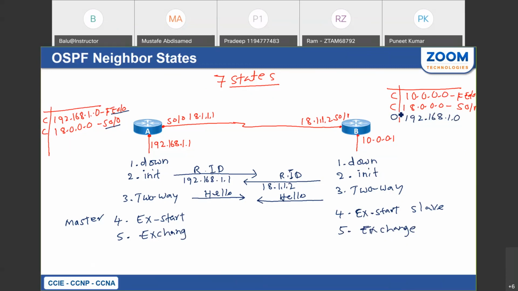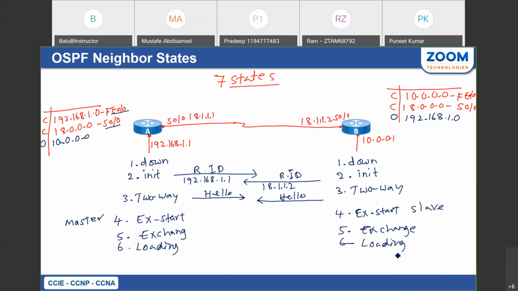Now B will update: take my links information. What links information is missing here? Only 10.0.0.0. OSPF is updated. This sixth state we call the loading state.